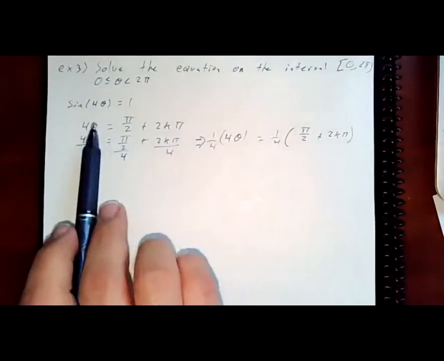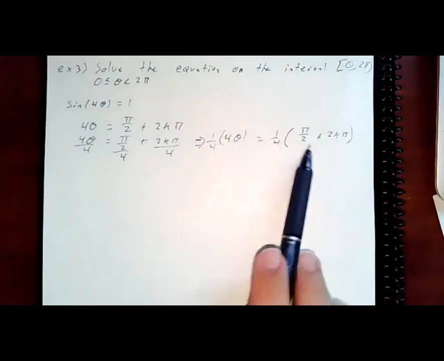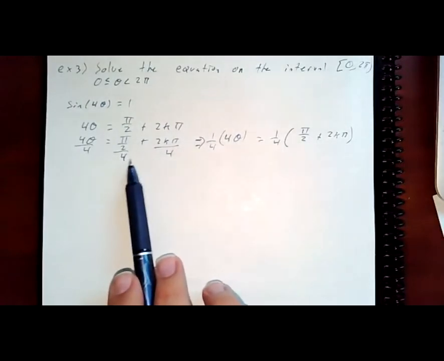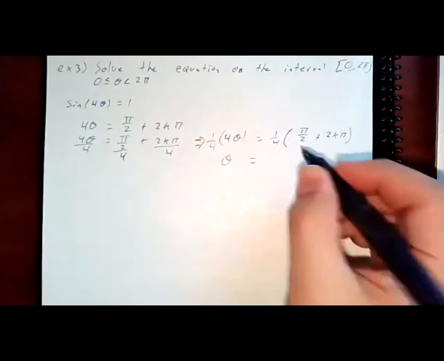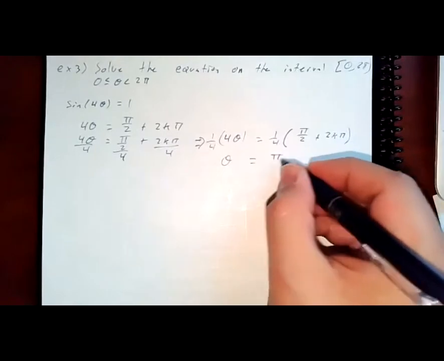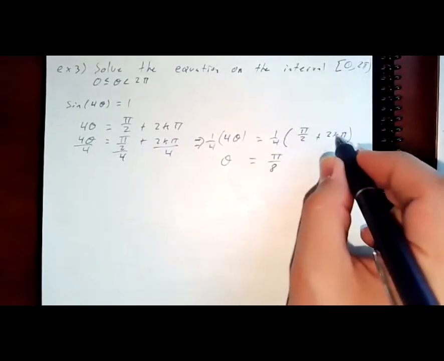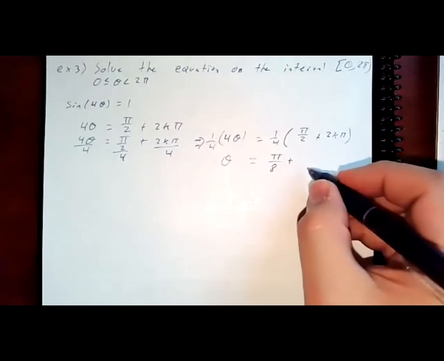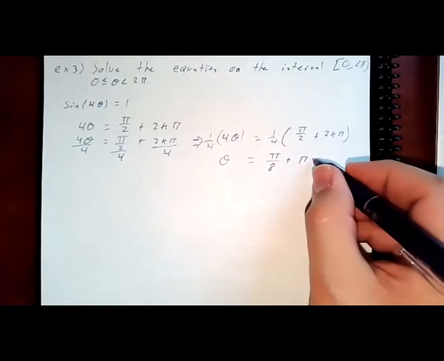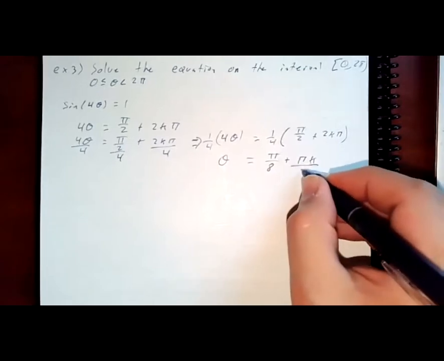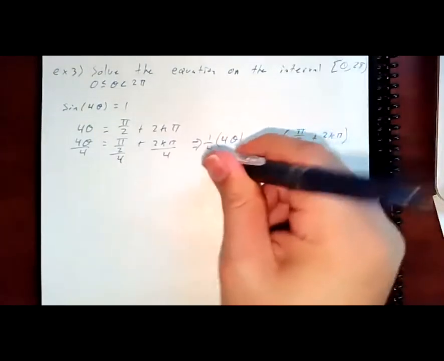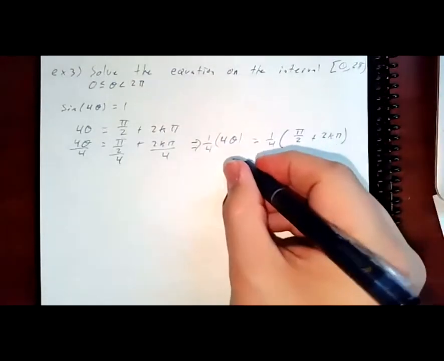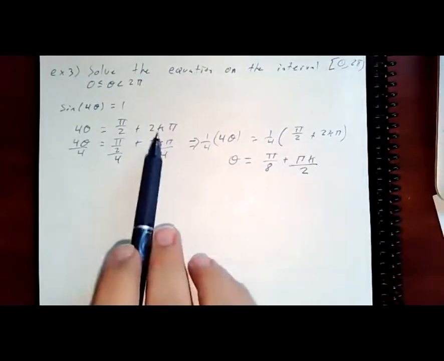Just divide both sides by 4. In other words, 1/4 on both sides. Maybe that's prettier than this. This looks kind of weird, right? Because of the fraction. So 1/4 times 4 theta, that would simply give me a theta. 1/4 times pi over 2 gives me a pi over 8. 1/4 times 2k pi would give me pi k over 2, right? Does that make sense? So just divide by 4 each one.